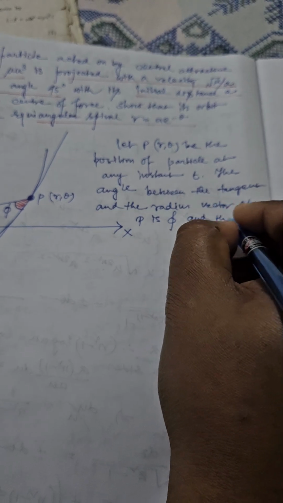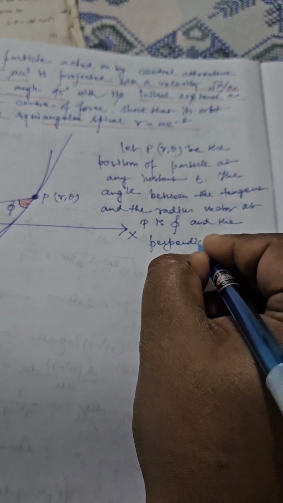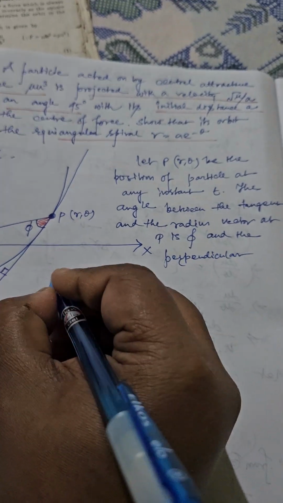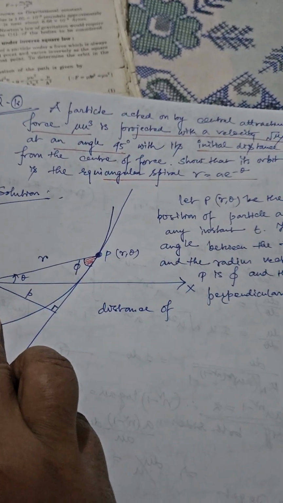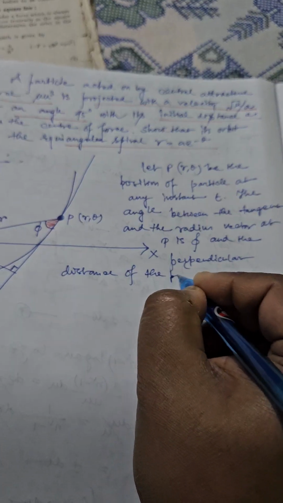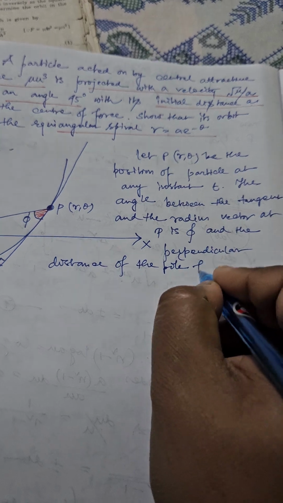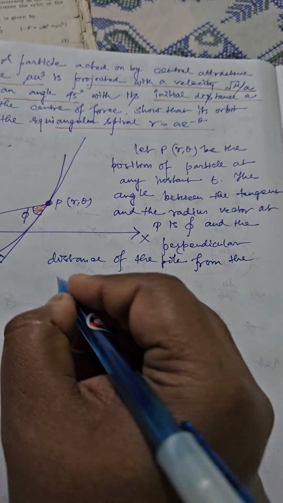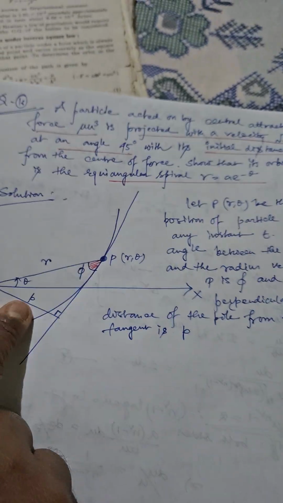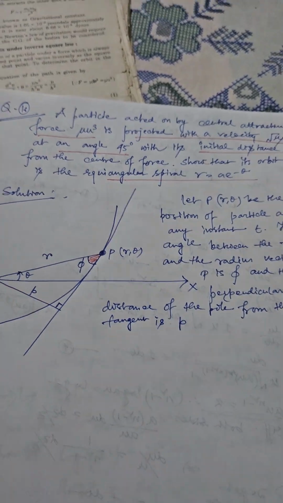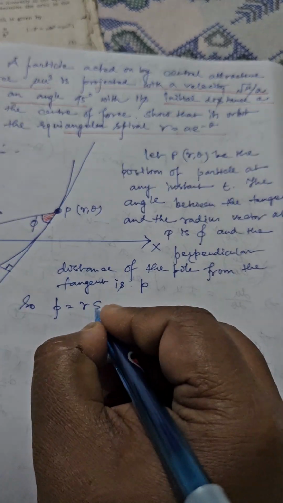and the perpendicular distance of the pole, obviously O is the pole, perpendicular distance of the pole from the tangent is P. This one is the perpendicular distance. So P equals to, we know, r sine phi.